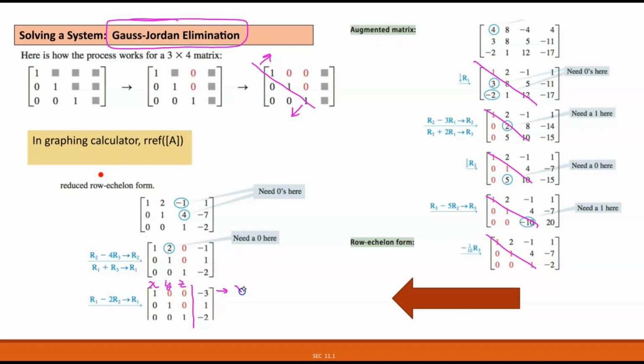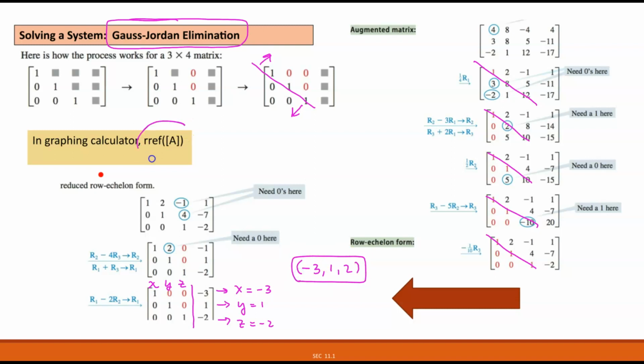We have x equals negative 3. We have y, because these zeros wipe out x and z, we have y equals 1. These zeros wipe out x and y, so we have z is equal to negative 2. And there's our ordered triple, negative 3, 1, negative 2 as a solution.